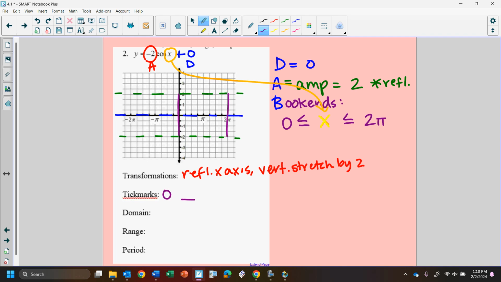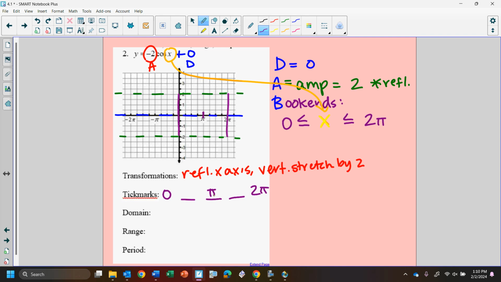Let's do tick marks. How many tick marks are there total? 5. Start at 0, end at 2 pi. 3 in the middle. Count the middle. Find the middle. Who's right in the middle between 0 and 2 pi? Single pi. Good. Who would be right in the middle between 0 and pi?